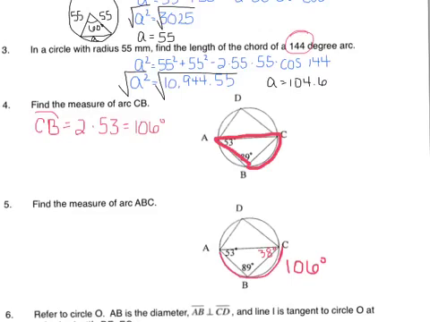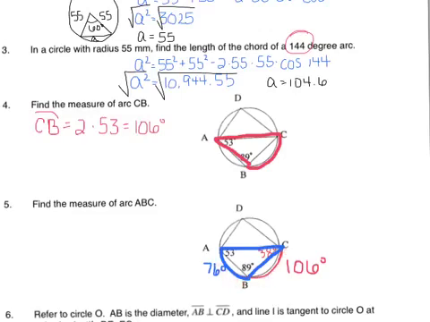And then I would say, just like we did on that last question, that if this angle is 38 degrees, that this arc AB would have to be double that. So 38 times 2 would leave me with a 76 degree angle out here. And then if I wanted the total, I would add these two together.